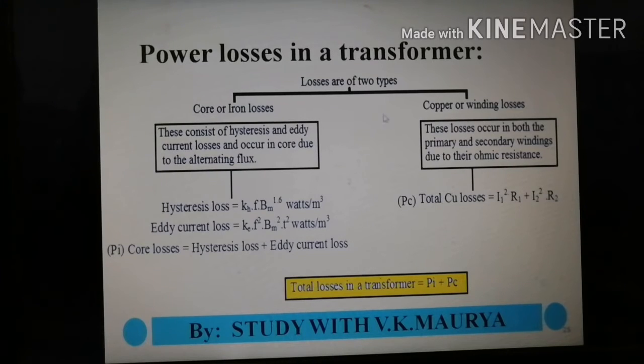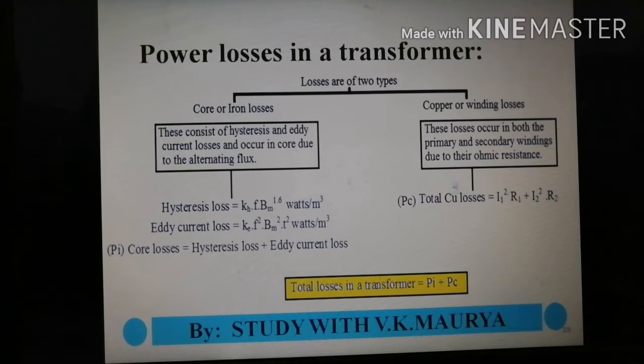Now the second one: these losses occur in both primary and secondary windings due to their ohmic resistance. Whatever the resistance of the primary winding or the secondary winding, the loss due to this resistance is known as the winding losses, or copper losses.